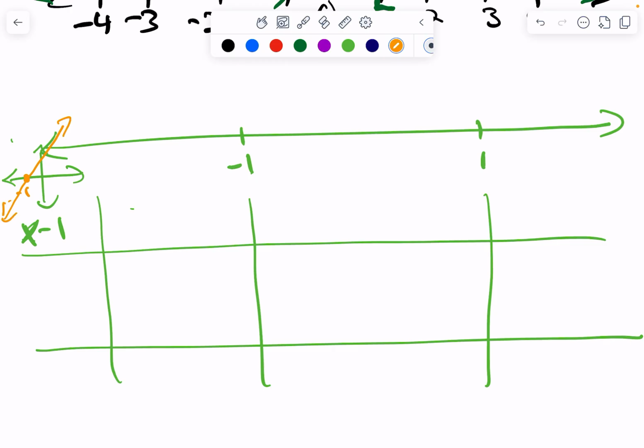So we know that before -1, this is going to be negative. Hold on a second. I have a total blank moment right now. No, this is wrong. Sorry. It was correct the original way that I did it.